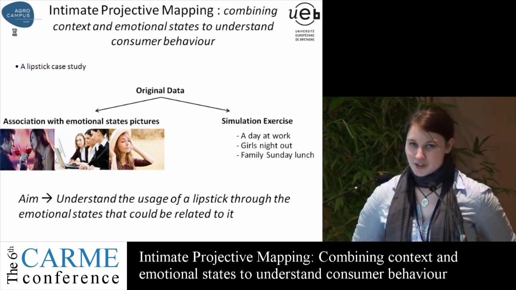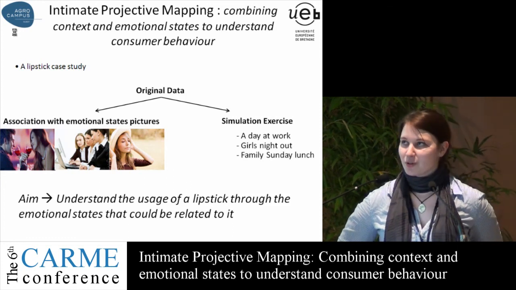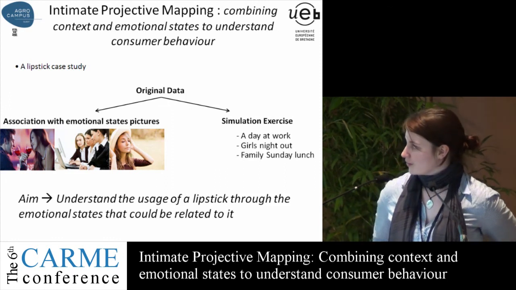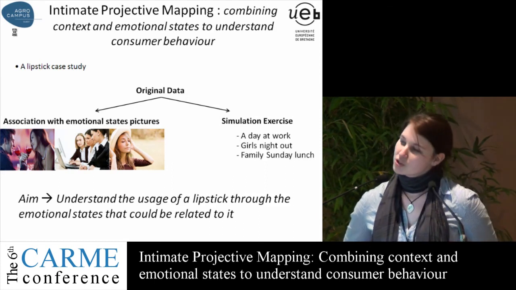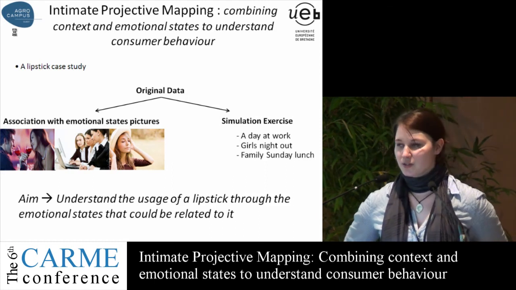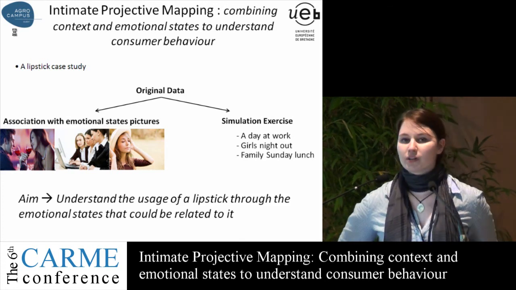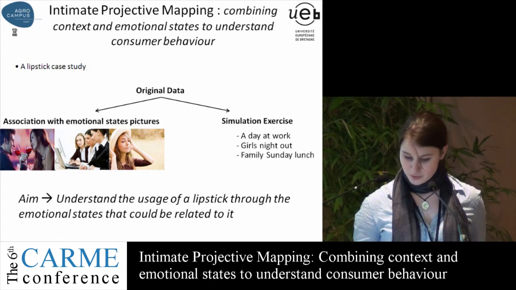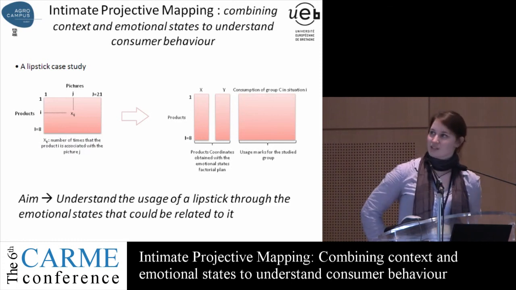So to rise up to this aim, we collected as much data as possible and as original as possible, and therefore our judges had to associate lipstick with emotional state pictures, and then they had to indicate their usage of the lipstick considering 7 specific everyday life situations. So this is basically our data tables.